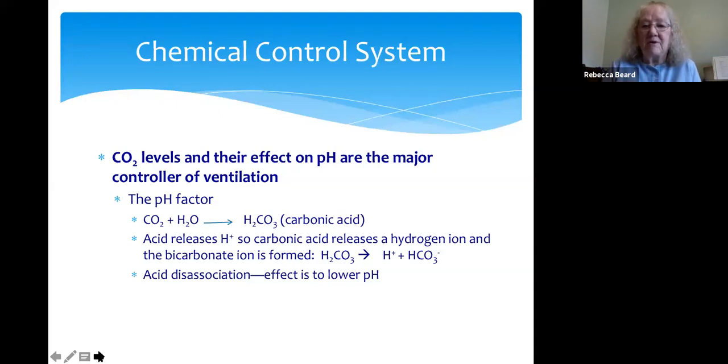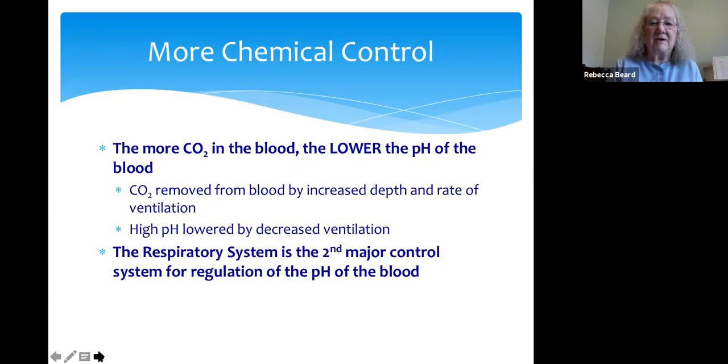So we go from carbonic acid to the bicarbonate to lower the pH. So these kinds of chemical reactions are going on with the carbon dioxide in our blood, affecting the blood pH. So the more carbon dioxide you have in the blood, the lower the pH of the blood.